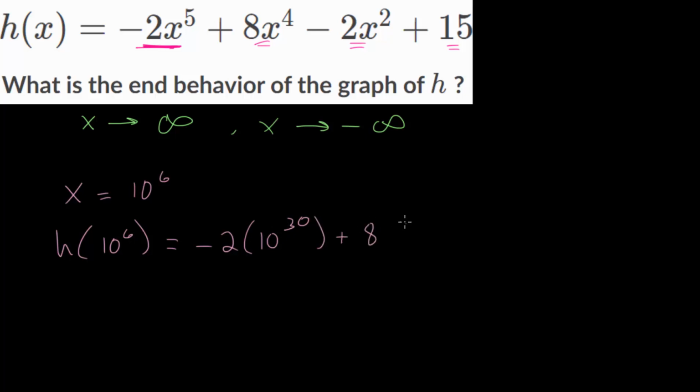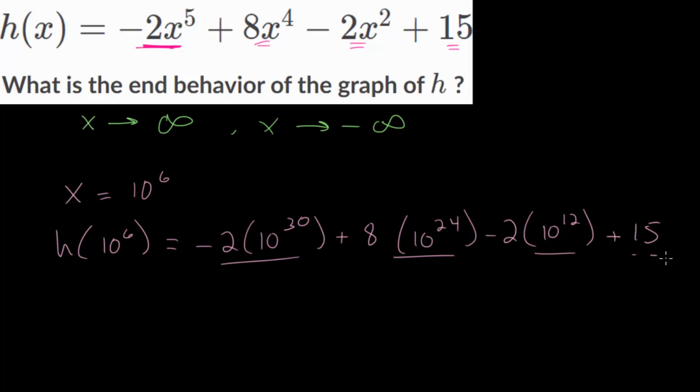Then we get plus 8 times 10 to the 6th to the 4th, which is 10 to the 24th power, minus 2, and if we square this, we get 10 to the 12th, and then we have plus 15 here. What we can notice by plugging in this very large number, and we could plug in much larger numbers, is that these lower power terms will not really affect this highest power term here.